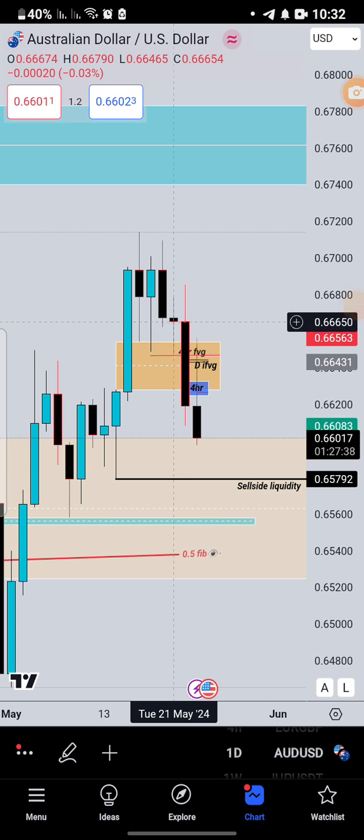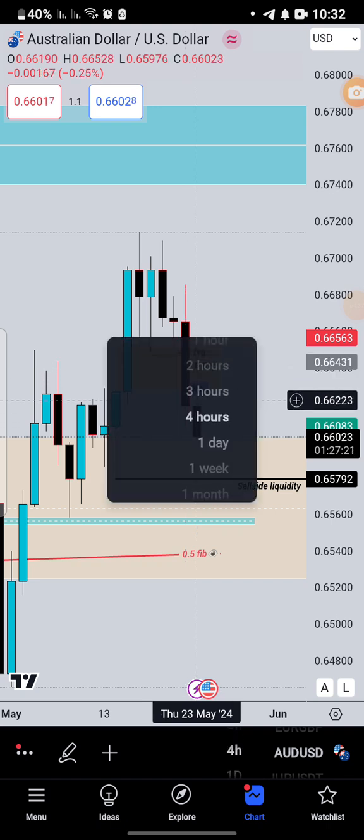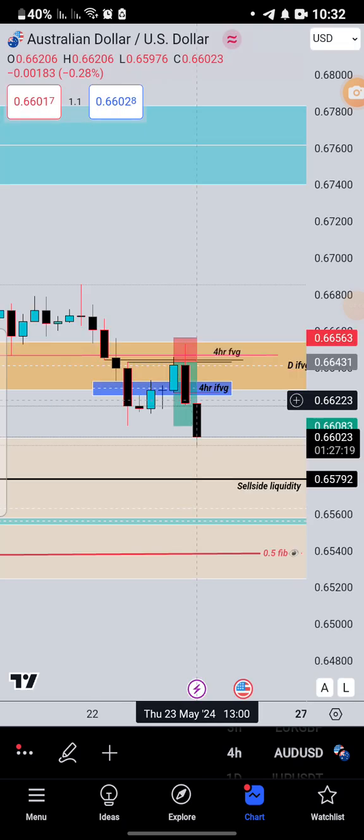So we have the opening of this candle at around this level, then the closing is slightly below. So this candle closed below the opening and the closing price. For me, this was an engulfing candle, which is now a confluence number 2 that I'm expecting to see lower prices.